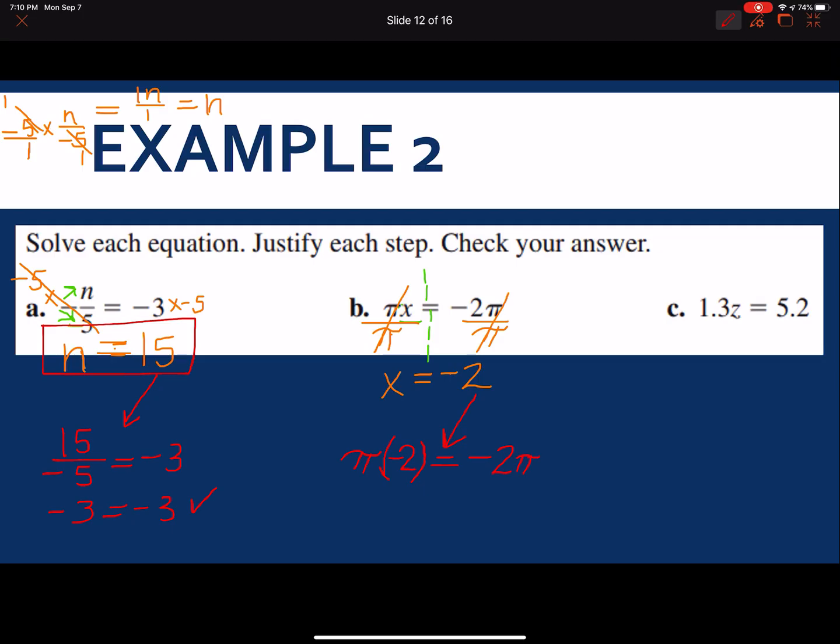Now, if I went ahead and switched the order of that, I would have negative 2 pi, which is how it should be written with your number as the coefficient, equals negative 2 pi. So I just verified that yes, that was correct. So my solution for example B is x equals negative 2.